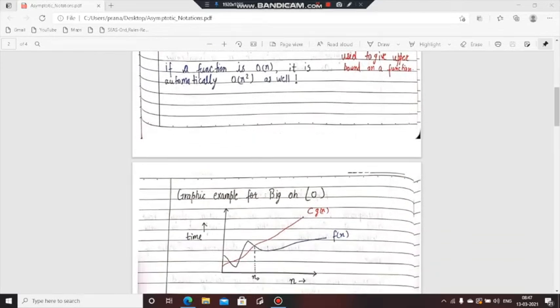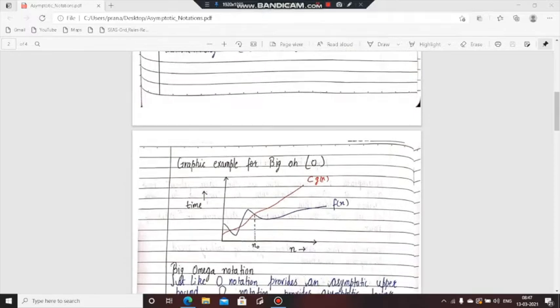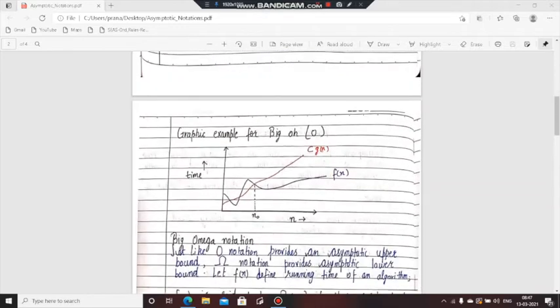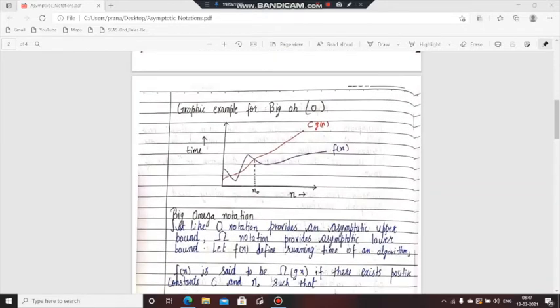Now I'll tell you about the graph of big O. In this case, you will understand it much better than the definition. Suppose we have a function f(n), the one I am highlighting with my cursor. And we have a point n naught. It's a graph between time and n.